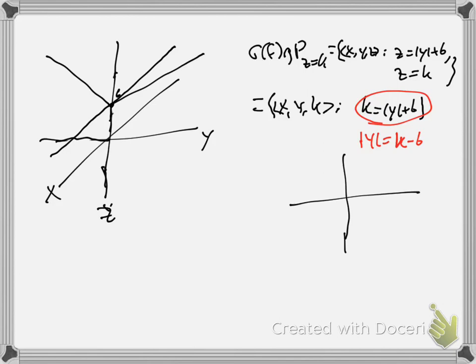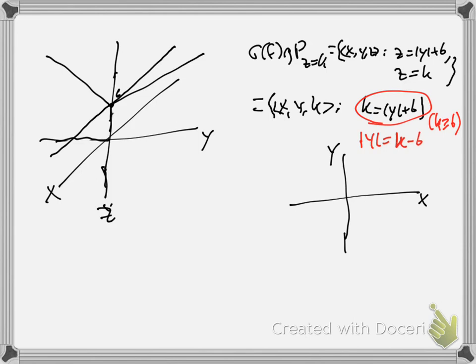Remember we have an x and a y, we don't have a z, so we have x and y here. And then now we need that the absolute value of y is a certain value. So, okay, let's continue in red. When is this absolute value of y this value? Here we should assume that k is bigger or equal than 6, otherwise there will be no solutions, by the same reason that we had no solution for k equals 0.